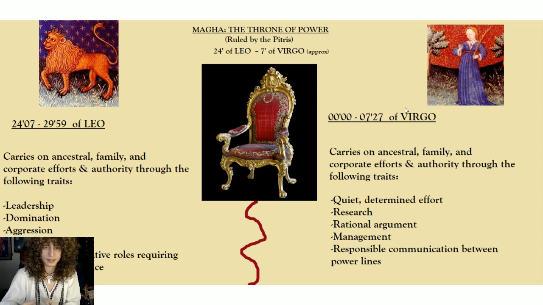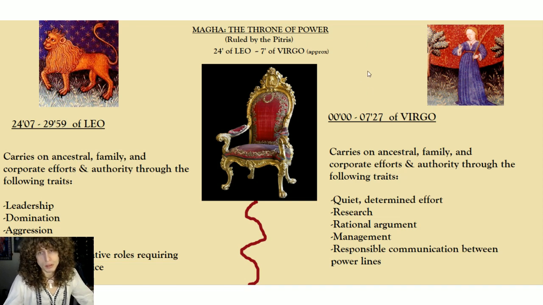It's delegating. Magha's really all about finding out the family lineage or a corporate lineage, any group that Magha attaches it to, especially through the nature of the planet and the house lordship of the planet.